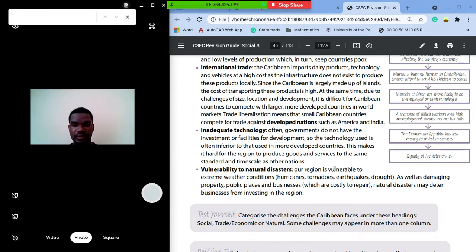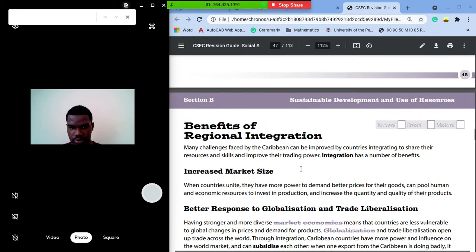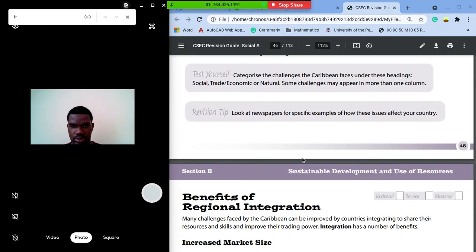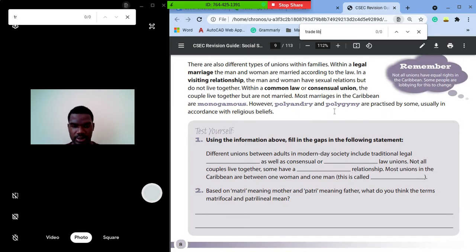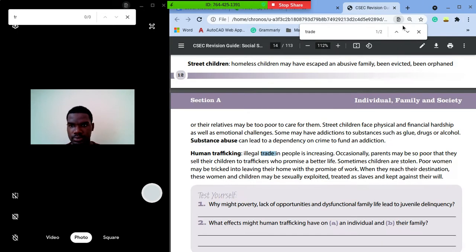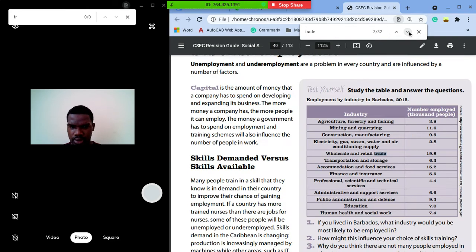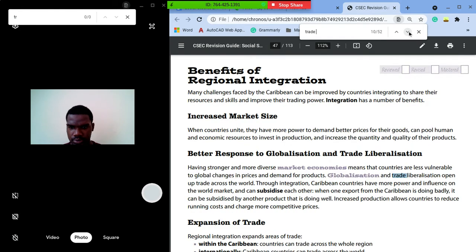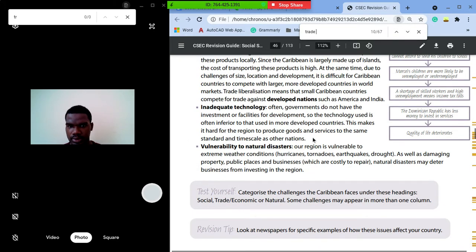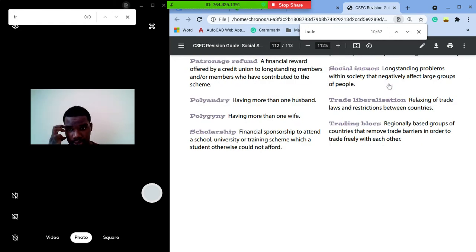Trade liberalization is just a relaxing of trade laws, but as I said, I want to quickly show you an example that I have.